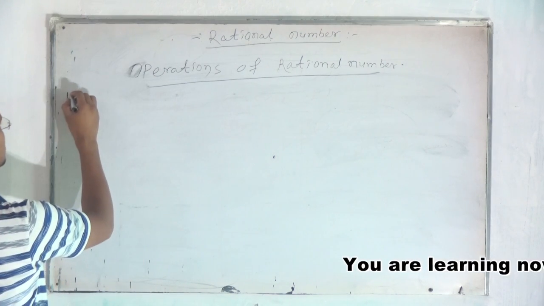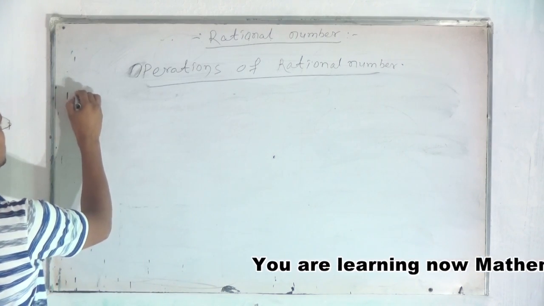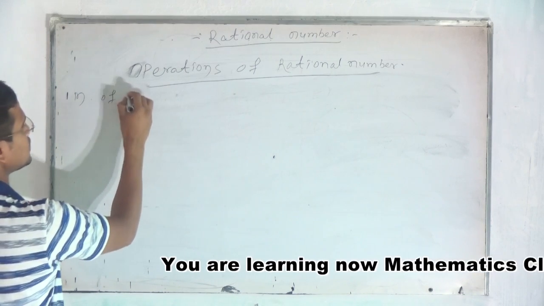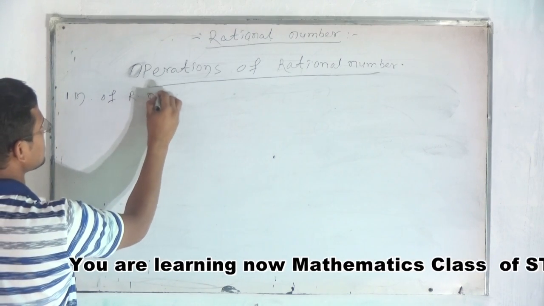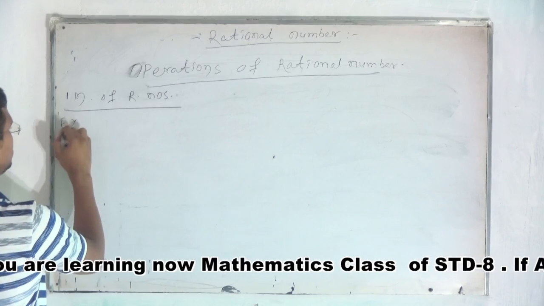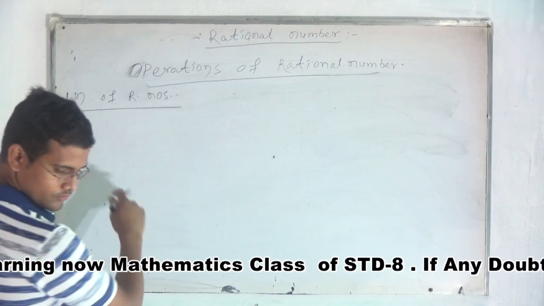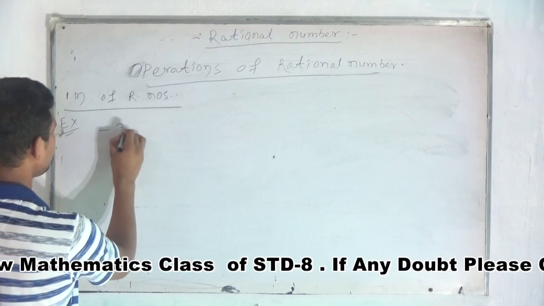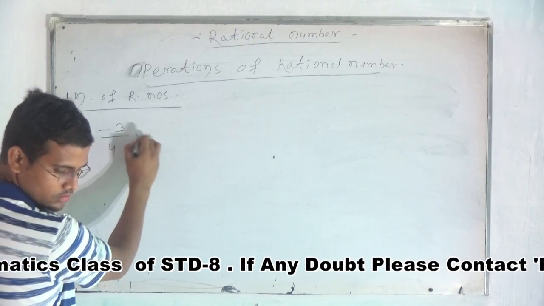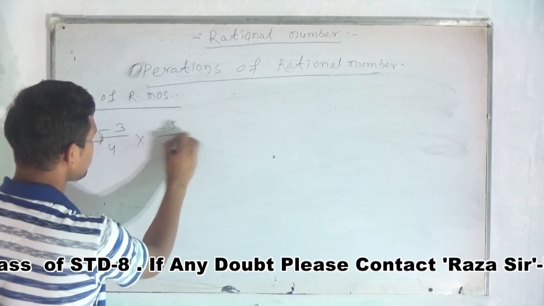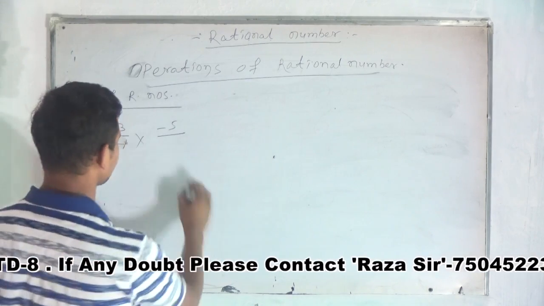Then come to multiplication of rational numbers. Take an example from your book. Minus 3 by 4 into minus 5 by 4.